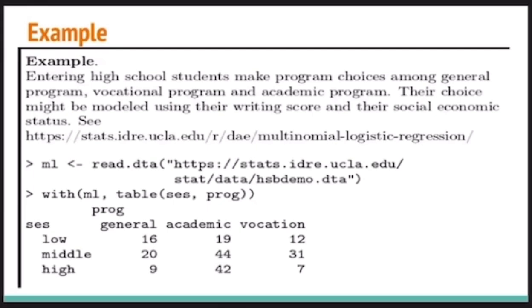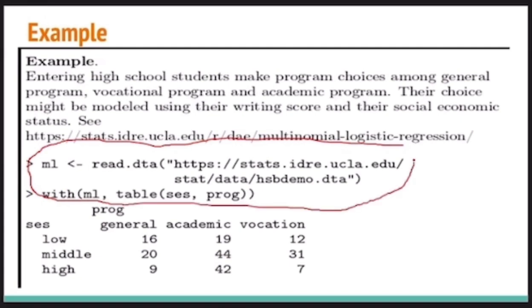If you want access to the data, you can copy it; it's online data from the University of California at Los Angeles. Let me tell you this: this is the data. This is the code.